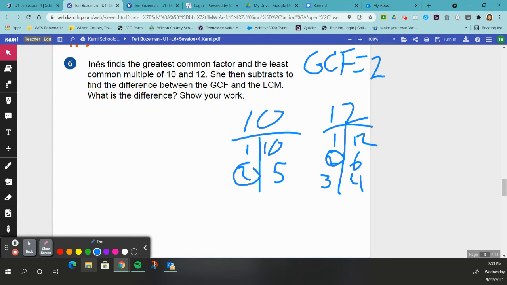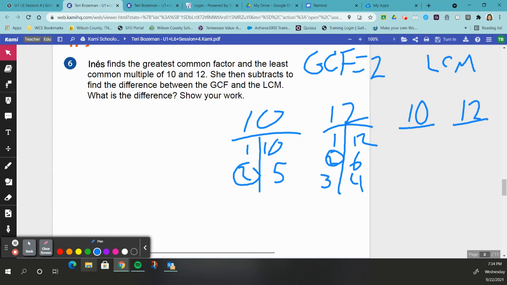Now I need to find my least common multiple. Well, if I know anything about multiples of 10, I know that I would be going 10, 20, 30, 40, 50, 60. I could list those. If I know my facts for 12, I know that 5 times 12 would be 60.